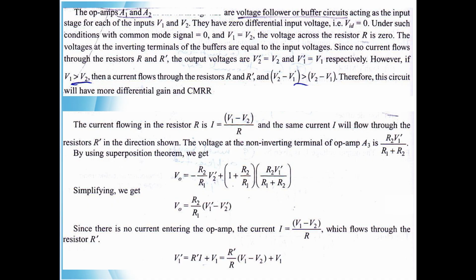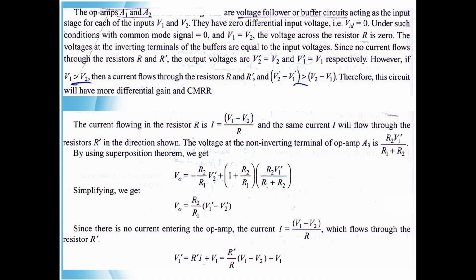By using superposition theorem, we get V0 equal to minus R2 divided by R1 V2 dash plus 1 plus R2 divided by R1 multiplied by R2 V1 dash divided by R1 plus R2. Simplifying, we get V0 equal to R2 by R1 into V1 dash minus V2 dash.